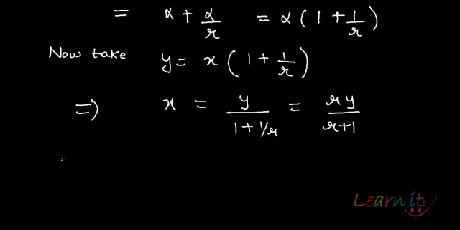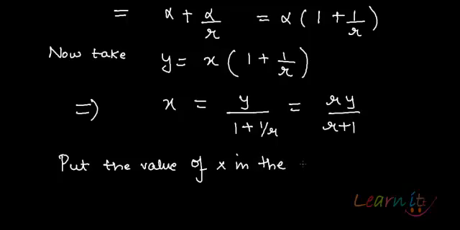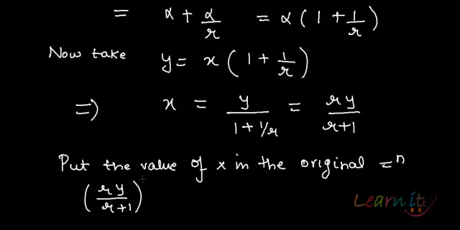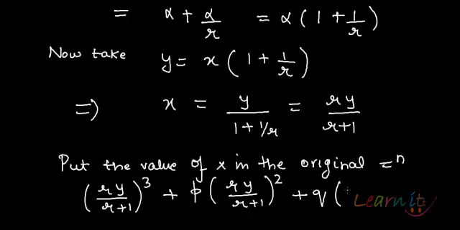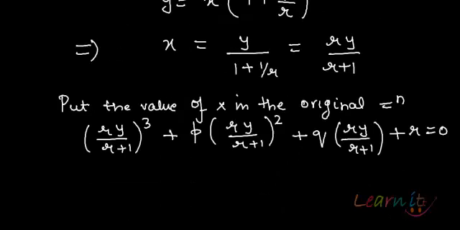So just put the value of x in the original equation, and we get x cube, so this becomes r y upon r plus 1 whole cube, plus p x square, so p into r y upon r plus 1 whole square, plus q x, so q into r y upon r plus 1, plus r equals 0.